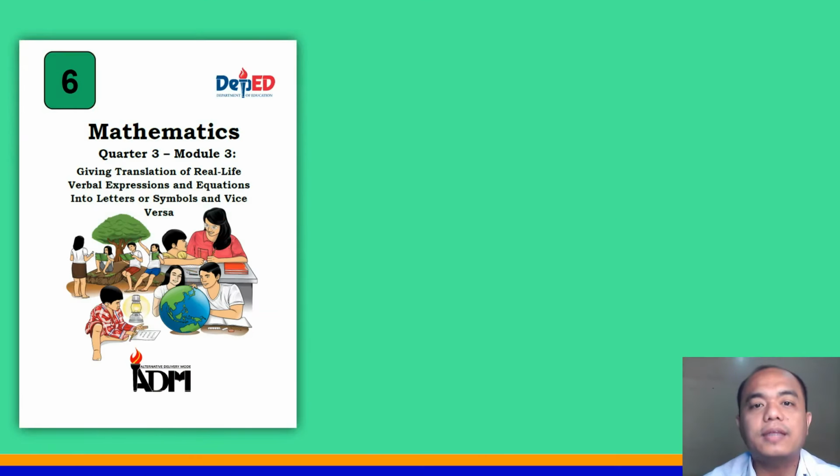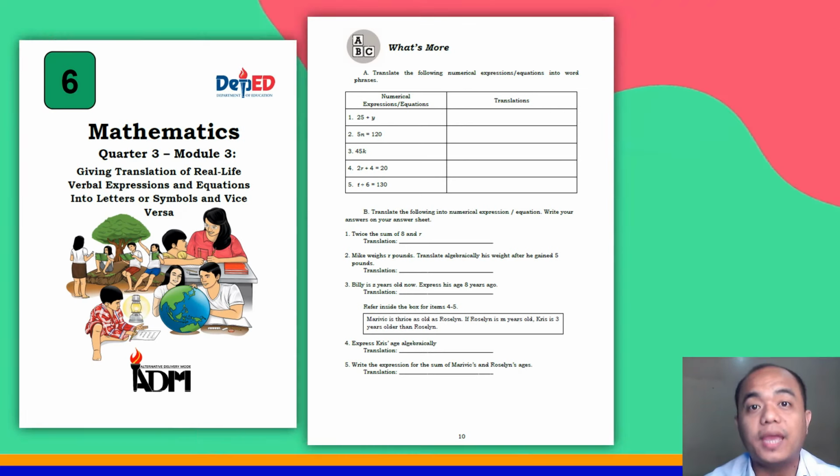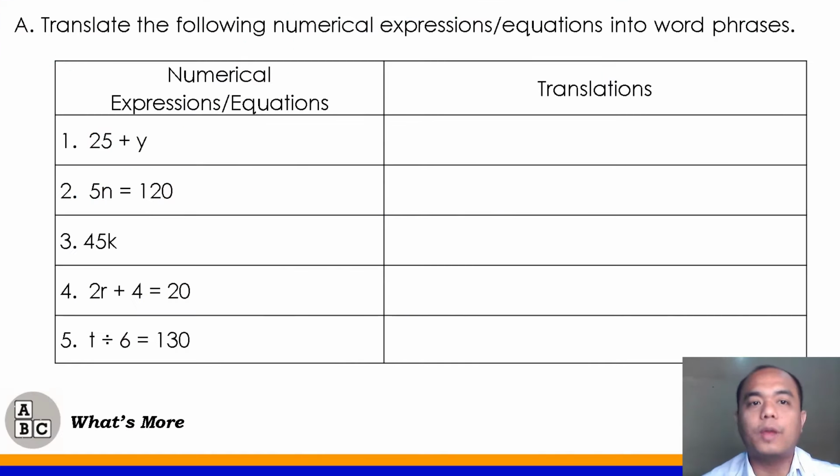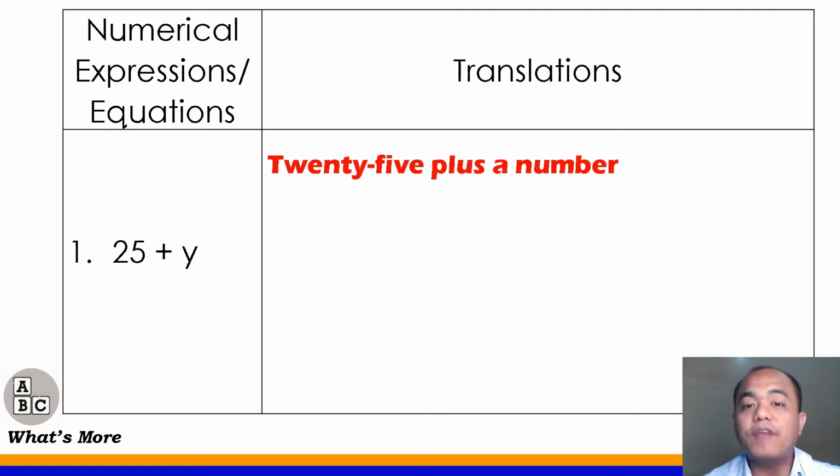Okay, this time, let us answer the What's More part of your module. This could be found on page 10. For part A, translate the following numerical expressions or equations into word phrases. Let's have number 1. Pwedeng i-translate na 25 plus a number.